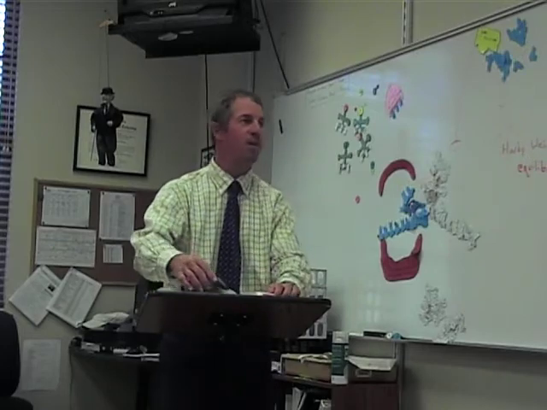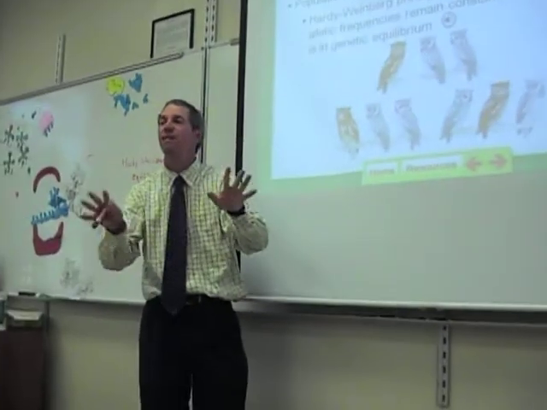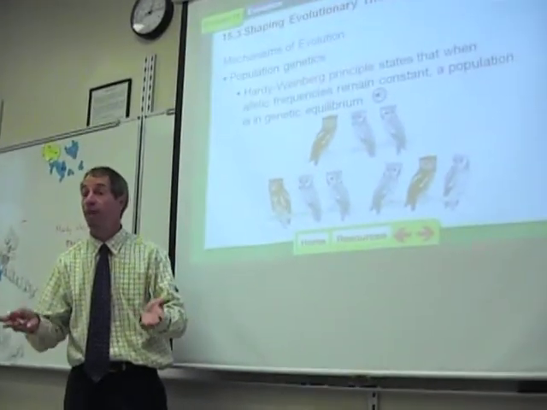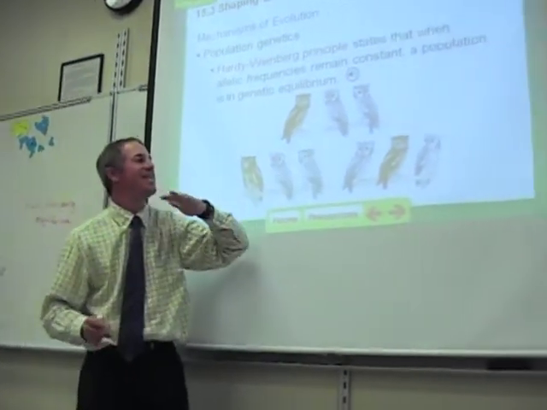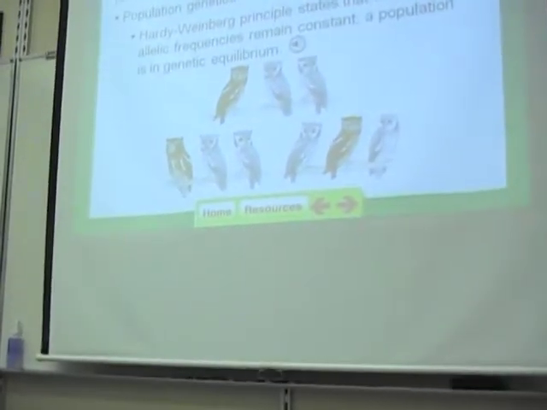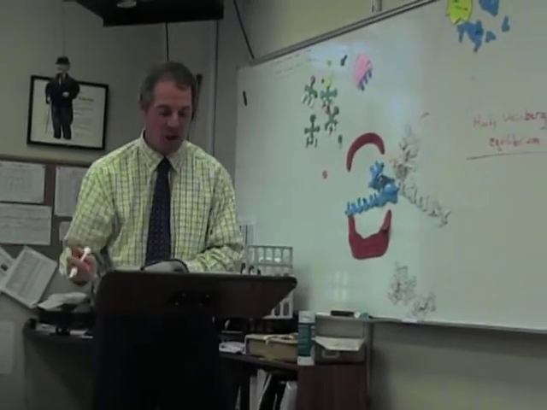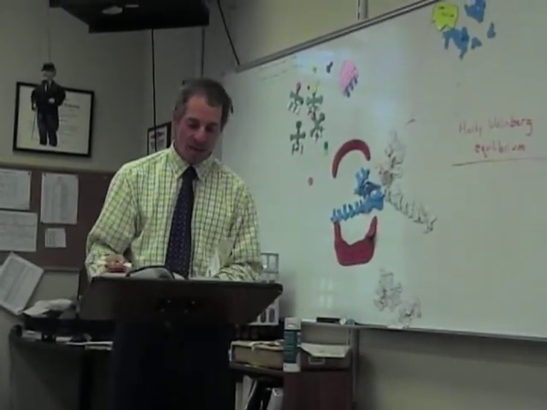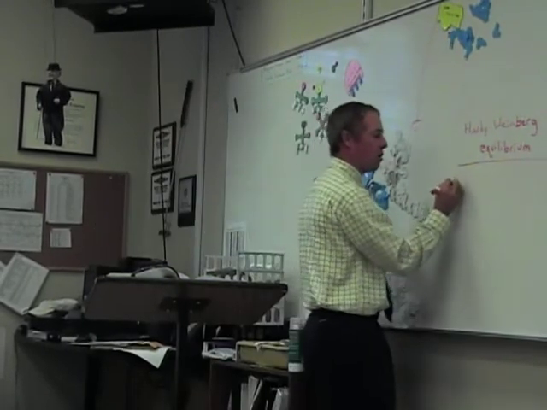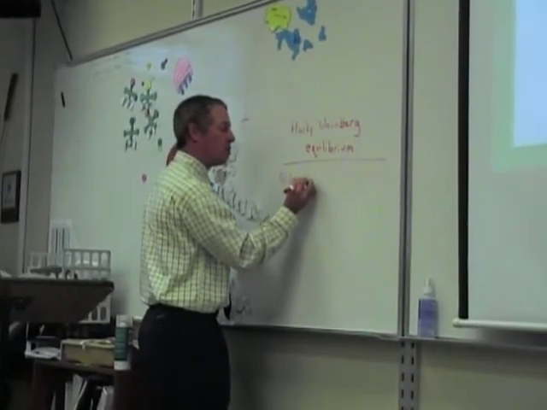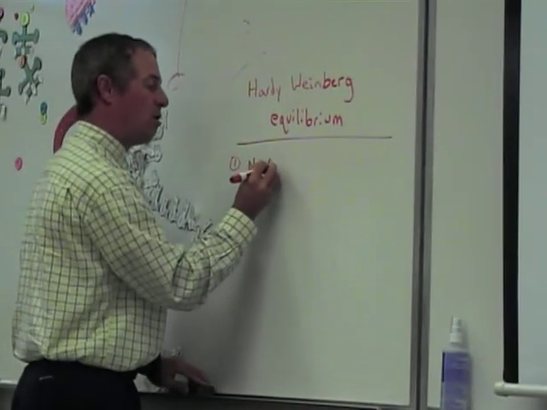So anyway, Hardy-Weinberg said that this is basically an unchanging population. It hasn't evolved any, if evolution means change. So if this stays 1/3 red over time, it's in what we call Hardy-Weinberg equilibrium. And Hardy and Weinberg said that a population will not evolve, will not change, as long as 5 things do not happen. Number 1, no genetic drift.